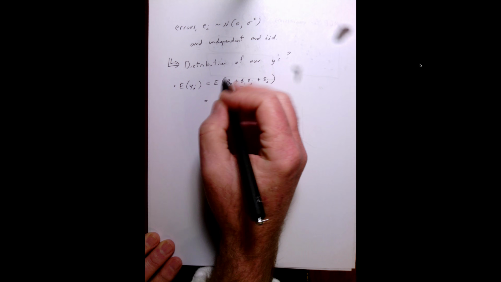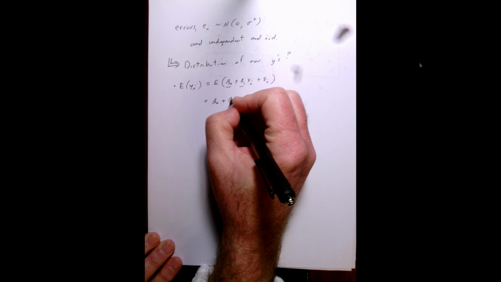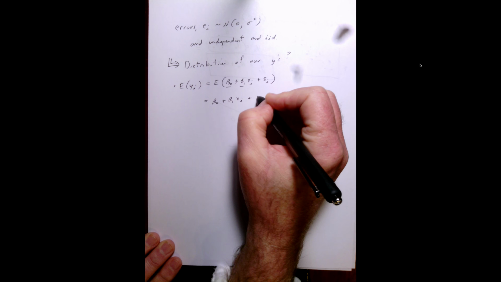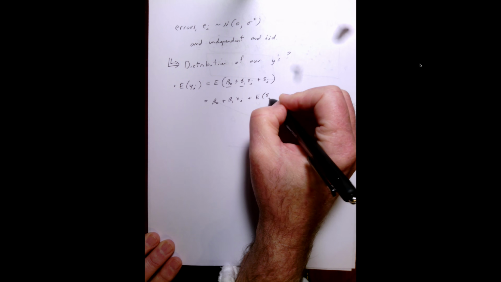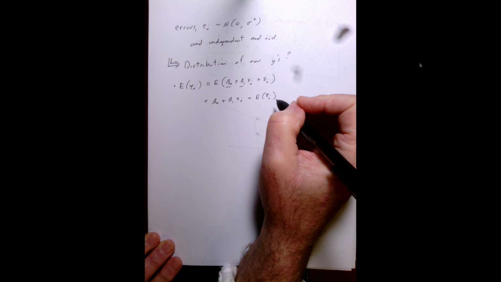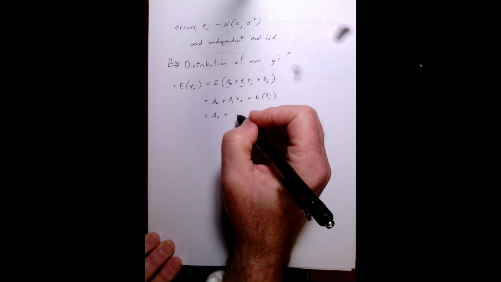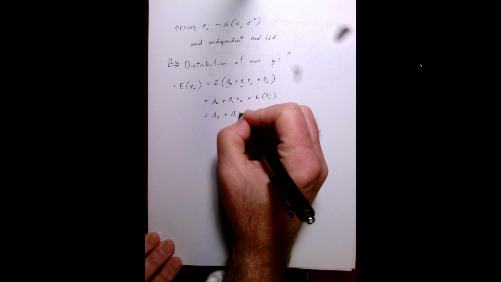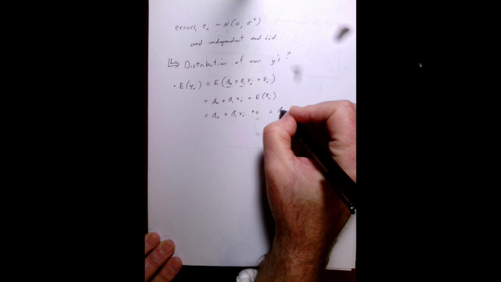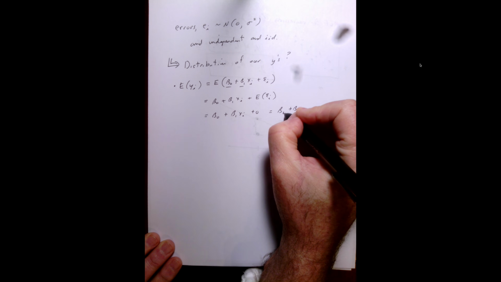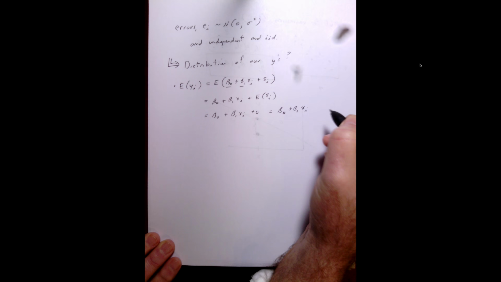So we can pull those out and look at the expected value of our errors. Well, we know that the expected value of our errors is equal to 0. So the expected value for y, its mean, quote unquote, is beta 0 plus beta 1 x sub i.